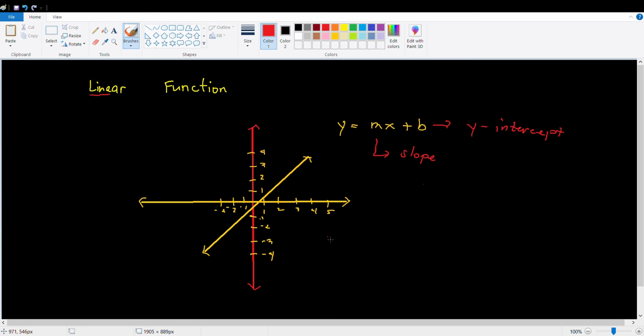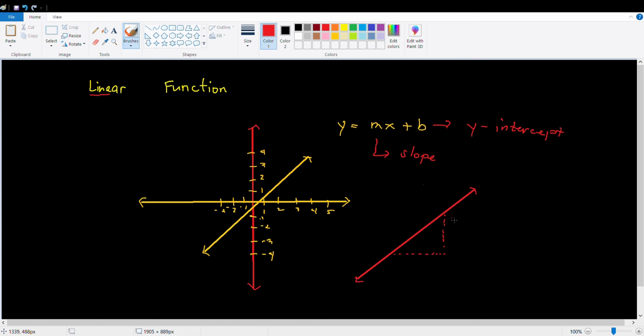Okay, now I want you to know that if we have a line, let's say this line right here, we could determine the slope of this line. So what I'm going to do is put this dashed line here.